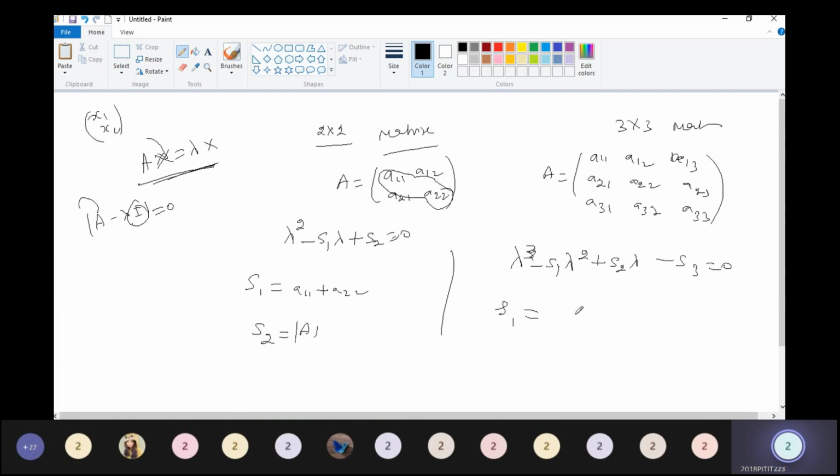What is s1? Sum of the main diagonal elements, a11 plus a22 plus a33.